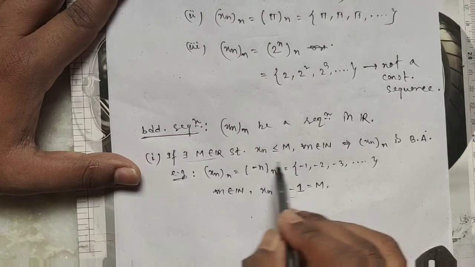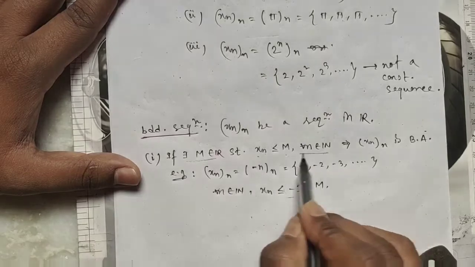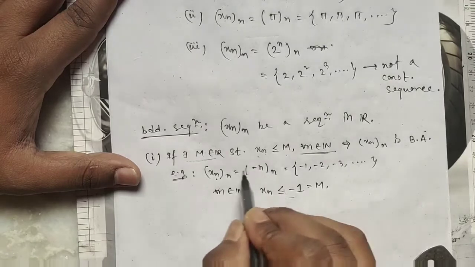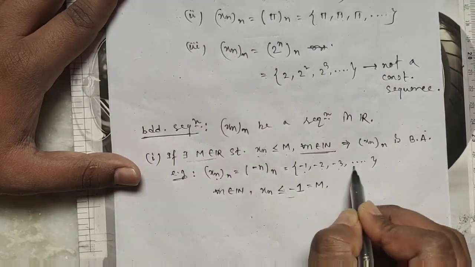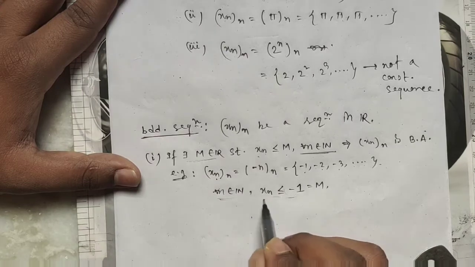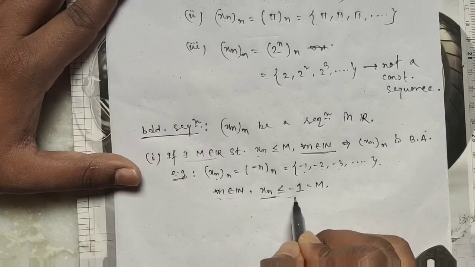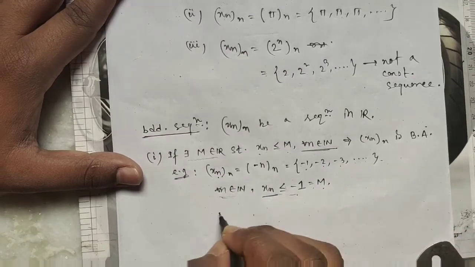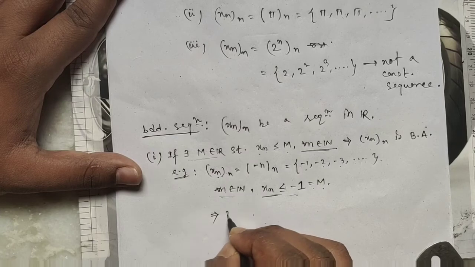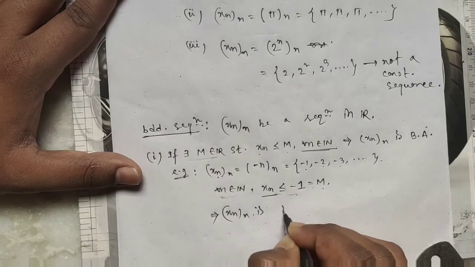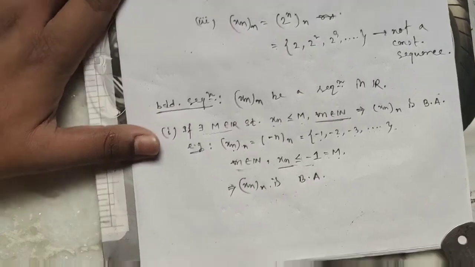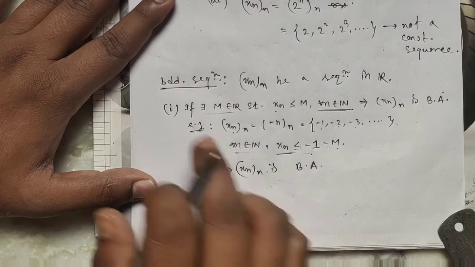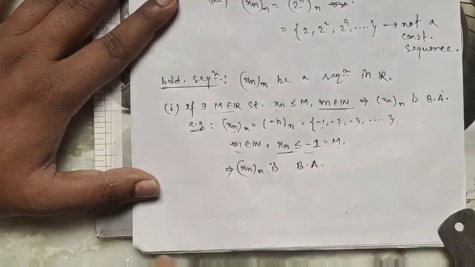We take minus 1 as M, then this sequence is bounded above. So this is the definition when a sequence is called bounded above.